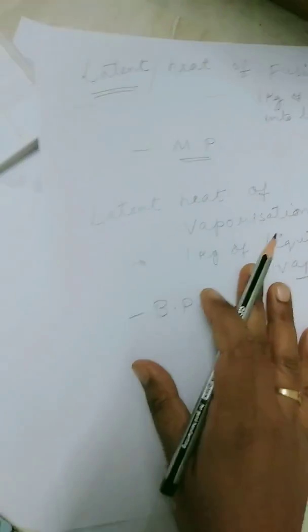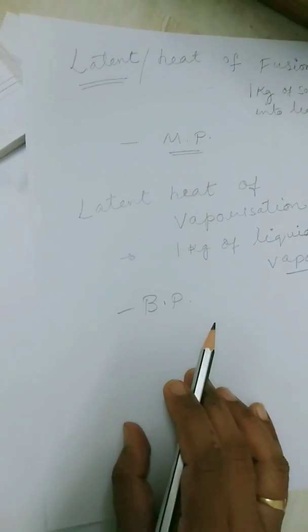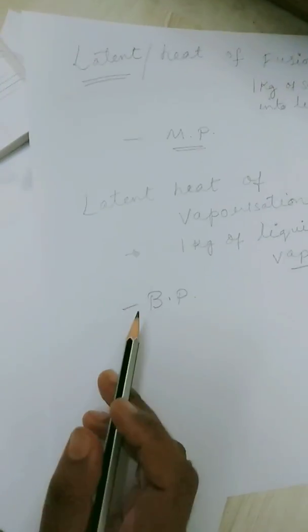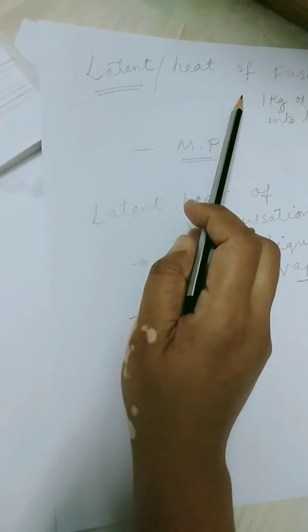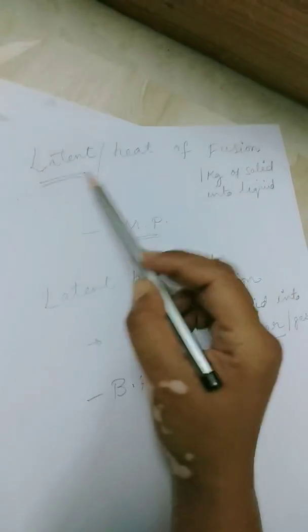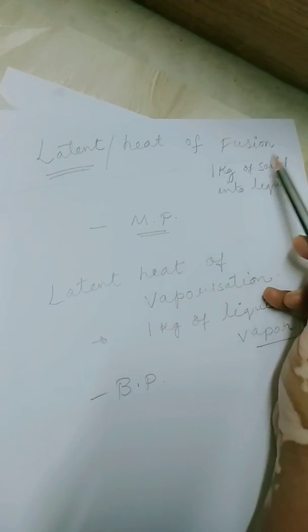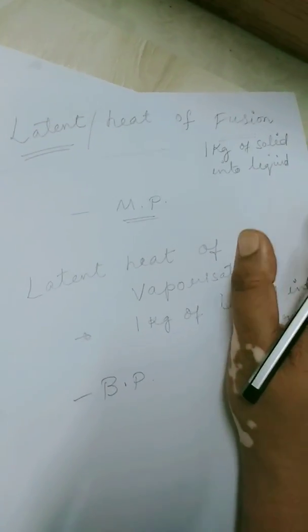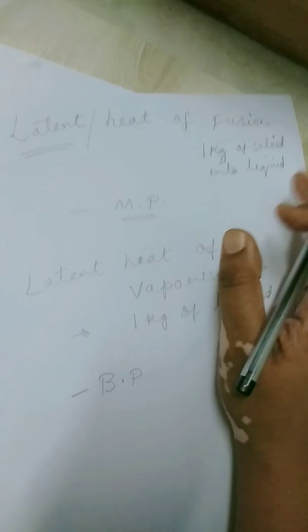One more very important thing you have to listen to, children. For any solid substance, in order to change to liquid, it has to get the energy equal to latent heat of fusion. Otherwise, it will not get transformed, or it won't change into liquid.